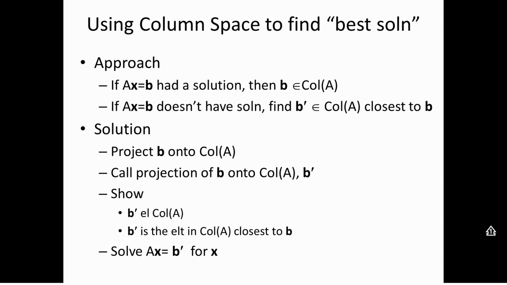First, that when we project a vector onto a subspace, the projection lies in that subspace. That's kind of obvious, okay? And we're also going to show that that projection is the closest element in the space to that vector. So the projection, b prime, will be the element in the column space of A that's closest to b.